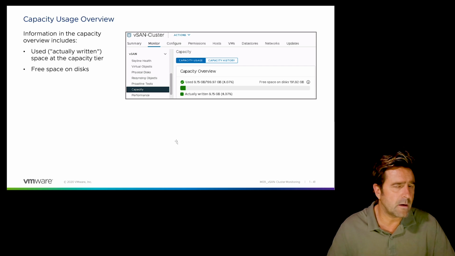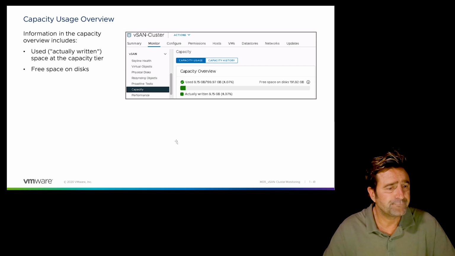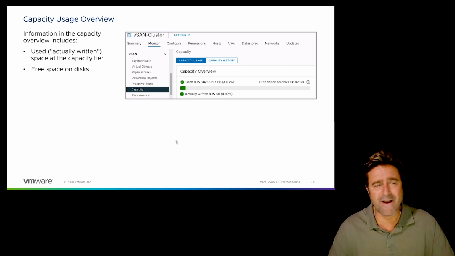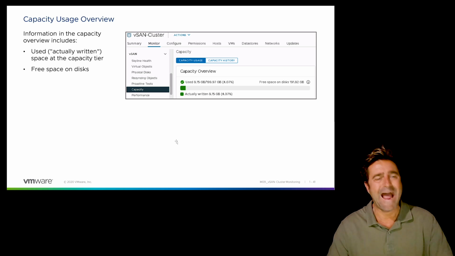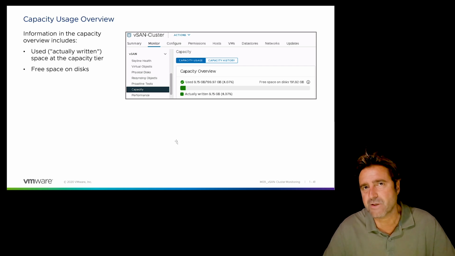Now, if you look here, there's a little explanation about what they mean by actually written. It says information in the capacity overview includes used, in quotes, "actually written" space at the capacity tier, and then free space on disks. Because remember, we're talking about how much space you're using.